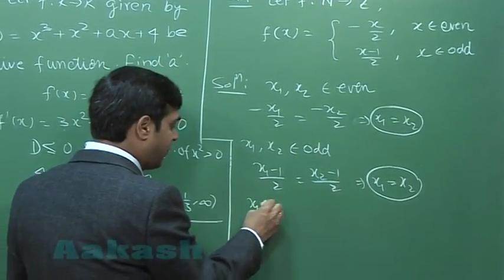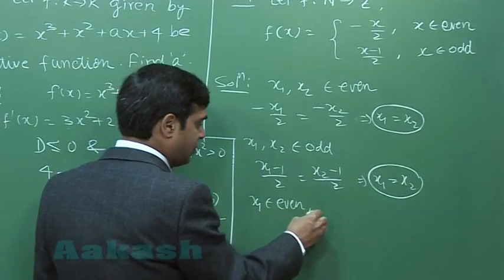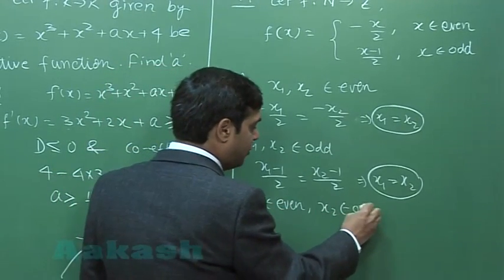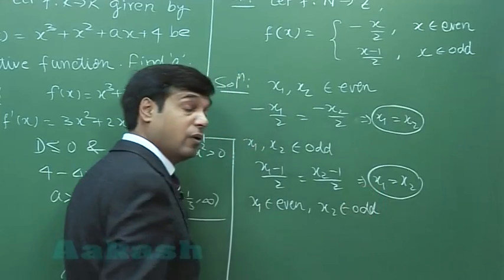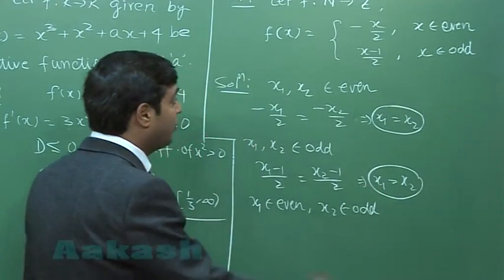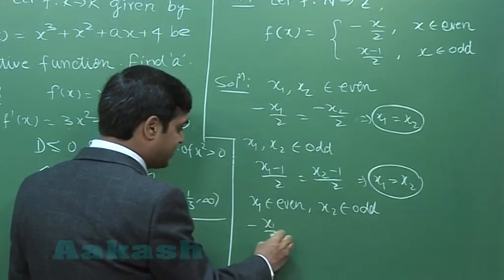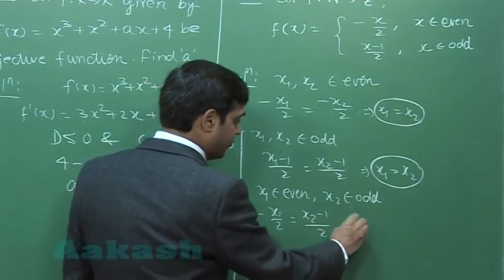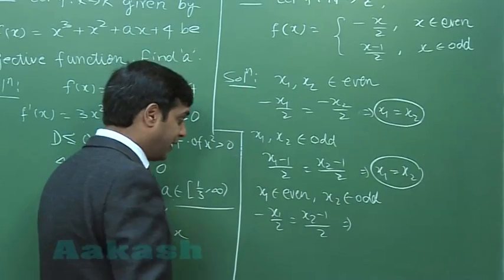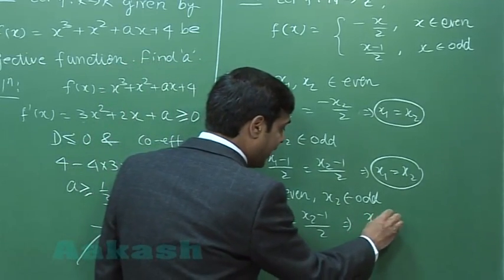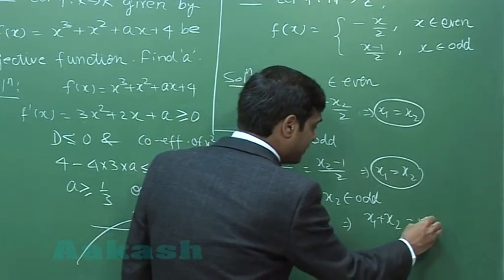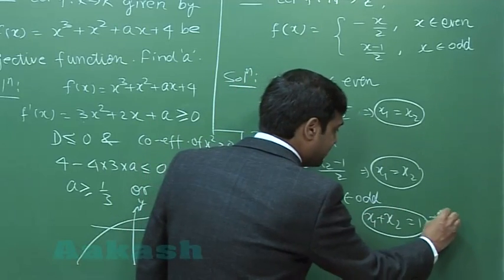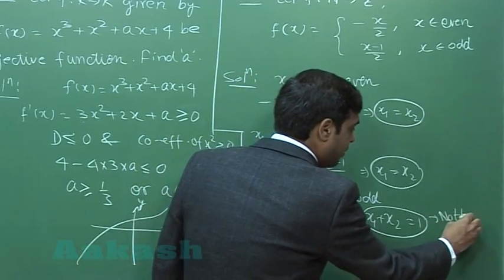If I consider one of the two is even and the other is odd, what happens? Minus x1 by 2 equals x2 minus 1 by 2. Correct? That is, we find x1 plus x2 is equal to 1, which is not possible.